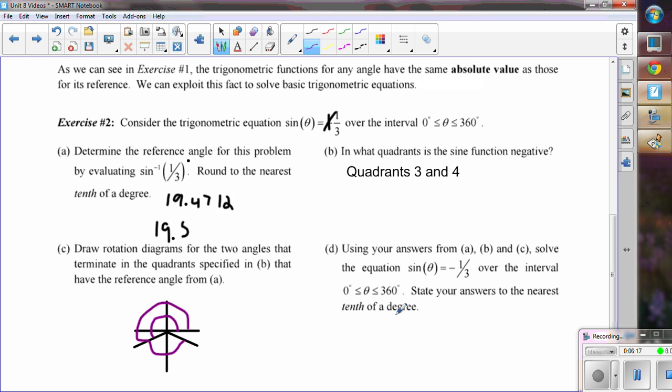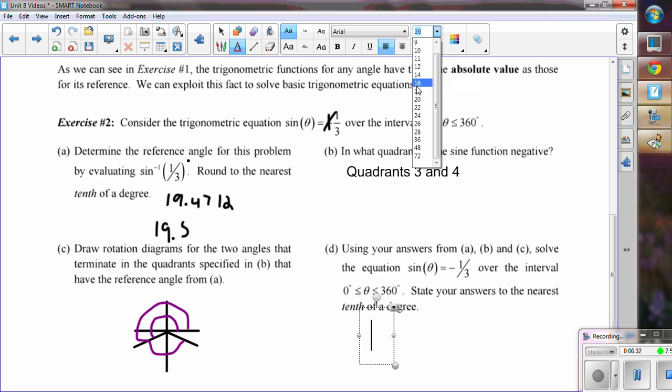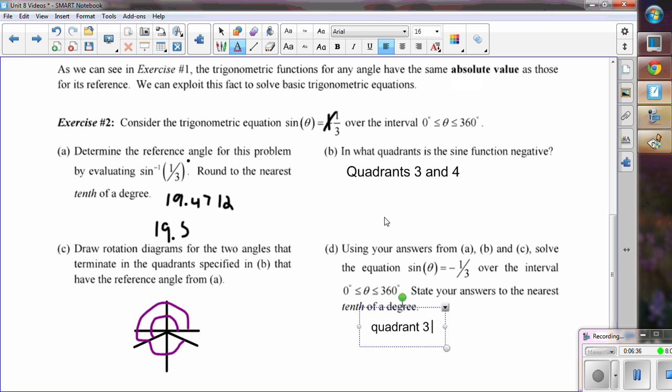Now we need to use the idea of reference angles to state the answer to the nearest tenth of a degree using the quadrant rules. For quadrant 3, the rule is that theta minus 180 gives you the reference angle.